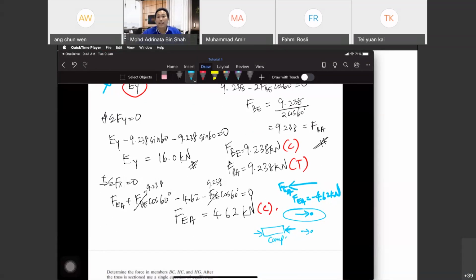Negative or positive is in the different direction. So you need to correct your assumption first, then you can define it is in tension or compression.